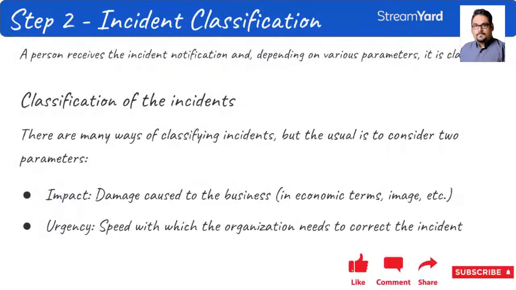Now, in incident classification, a person who receives the incident notification classifies the incident as per different parameters, guys. Now, what are these different parameters? Of course, impact, and impact is very simple to understand. It is the damage caused to the business in terms of monetary terms, in terms of reputation, image, etc. And also the classification of the incident can be termed in terms of urgency.